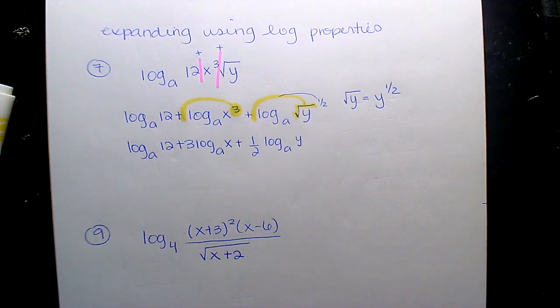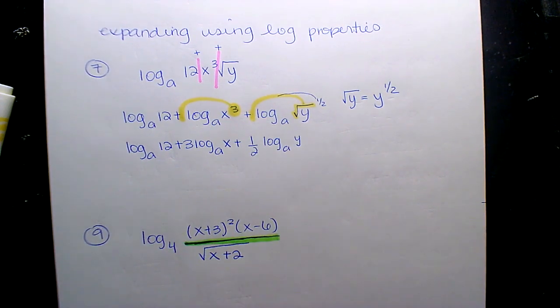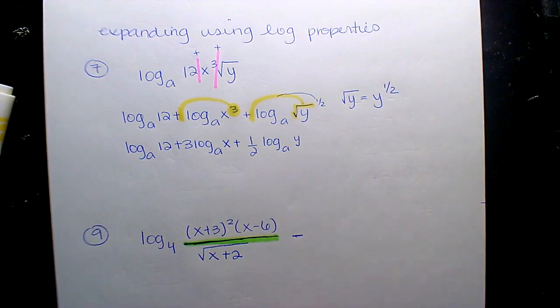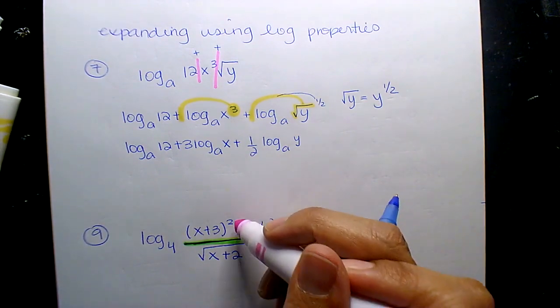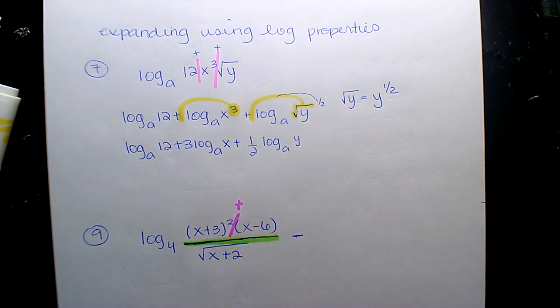Okay. You have a fraction, and so that's going to be your subtraction here. So this here, you're going to do a break. This here is going to be your minus, and then you're going to have this here, which is going to be a positive, because that's an addition. And then that 2 is your power.